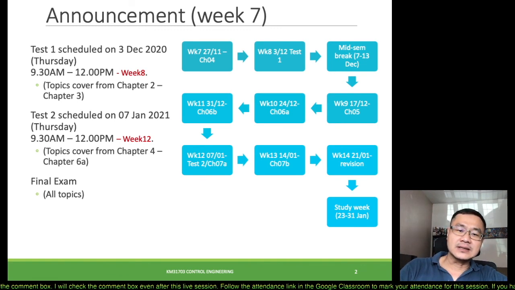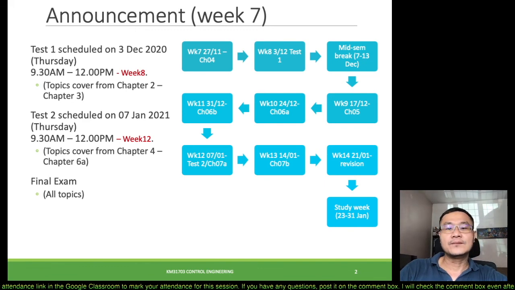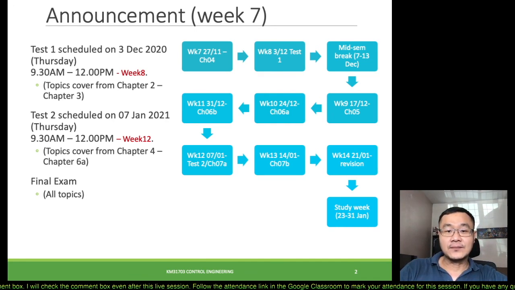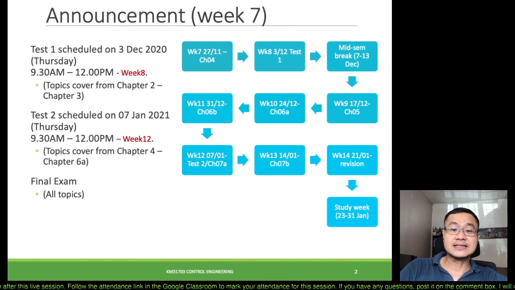So that is our planning. We have conducted test 1 here, and after that we will have test 2. Tentatively, we want to have test 2 on the 7th of January 2021. That would cover chapter 4 until chapter 6A.